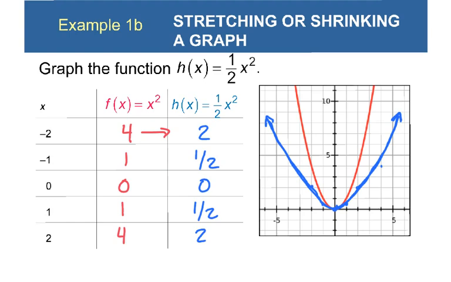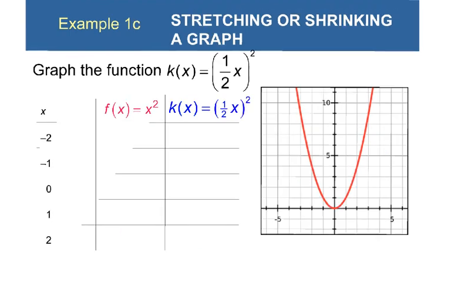So when our y values get smaller, well, that gives us a vertical shrink. In the next example, we're going to look at something called the horizontal shrink or stretch. And the reason that this is going to be a horizontal shrink or stretch is because our multiplier is going to be multiplied to our x and then it's squared, okay?